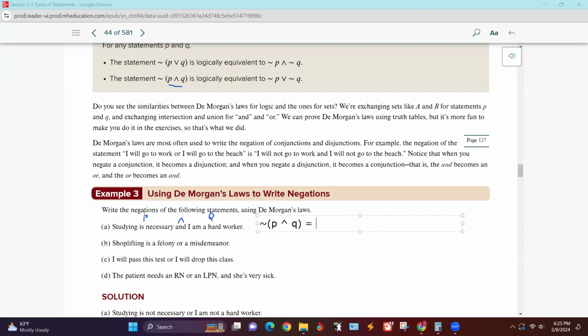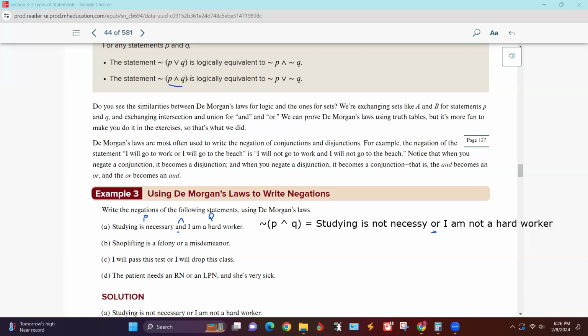So we're negating the P and Q. So what we're doing is this. So that means then our statement is going to be studying is not necessary, or I am not a hard worker. So that is the negation of the statement given in A. All right, because the P and the Q, they get negated. The and becomes an or.